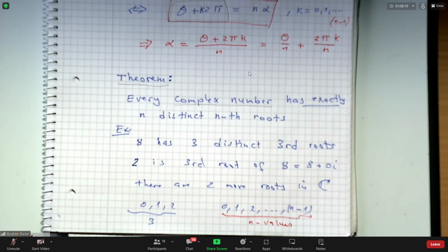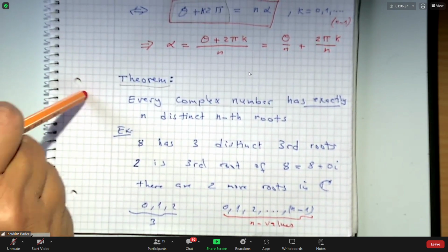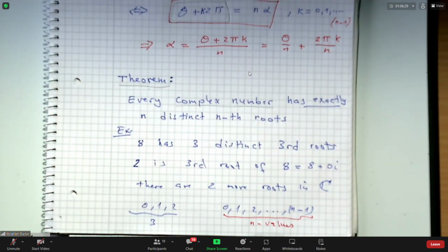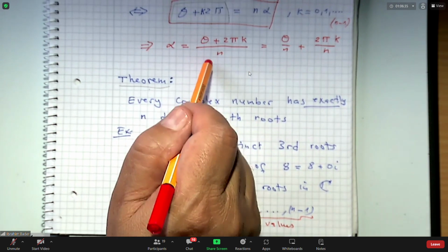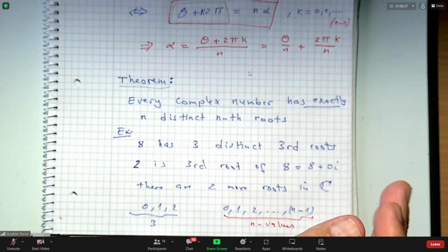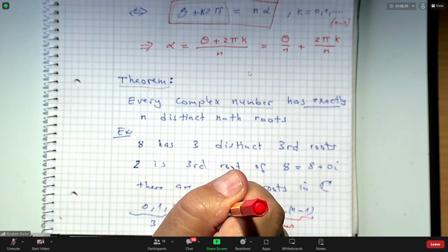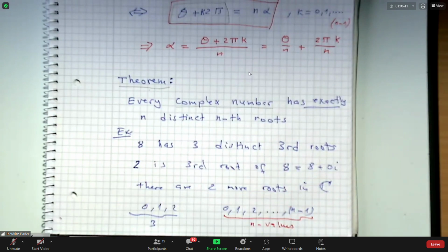So whenever we are evaluating the n distinct nth roots that this theorem guarantees exist, we are going to rely on this equation and evaluate k from 0 up to n minus 1.